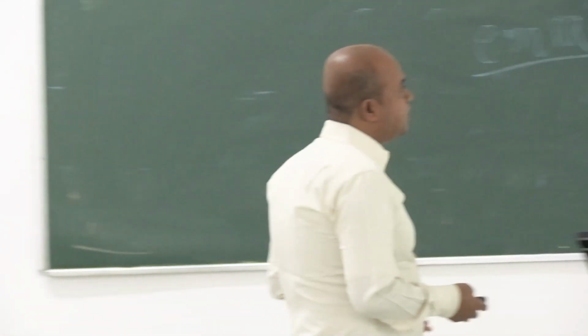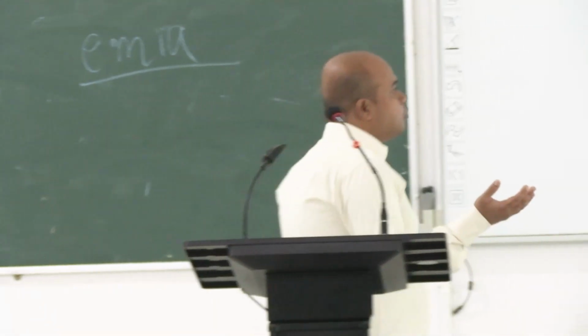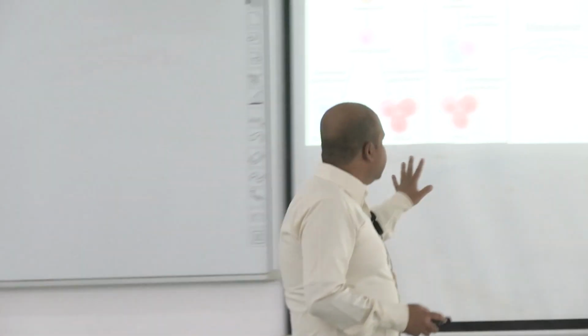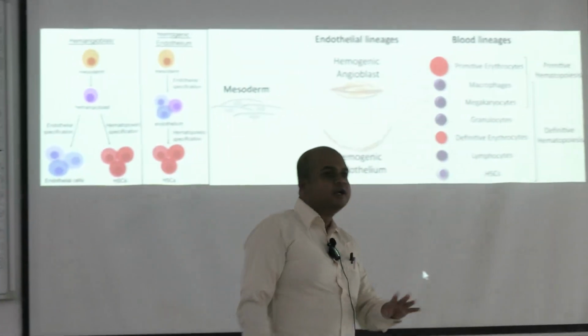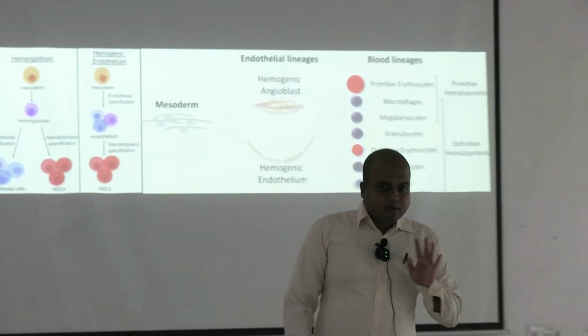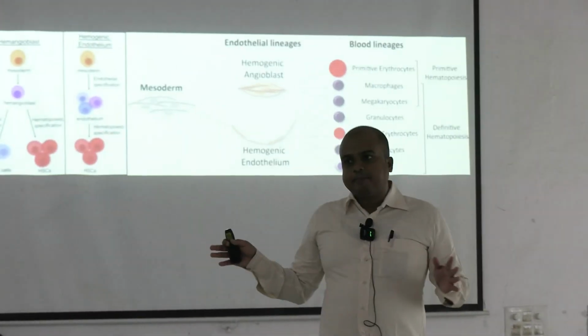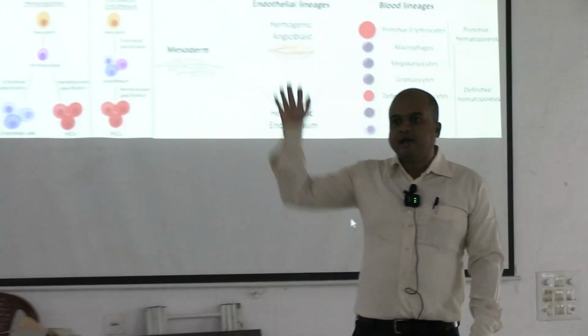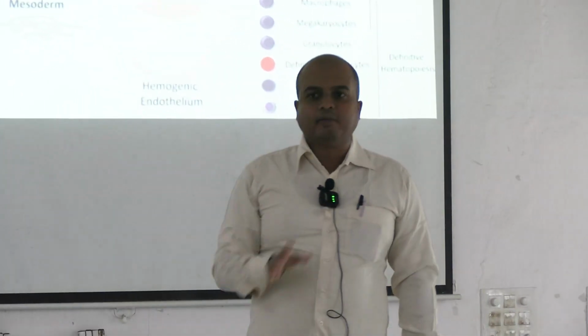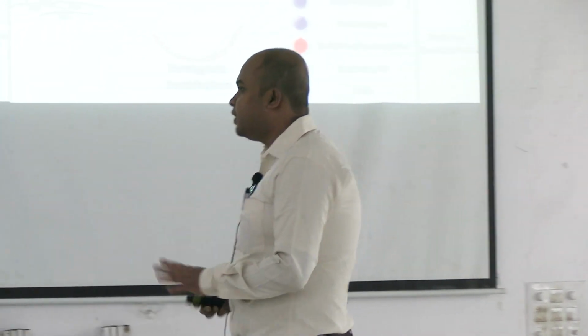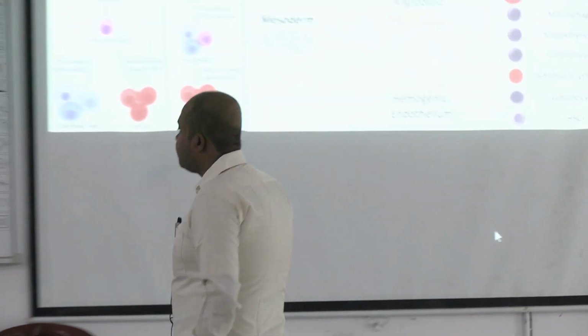Some are long term and some are short term hematopoietic stem cells, but ultimately they are from the hematopoietic stem cells. Whether they originate from the endothelium or directly from the hemangioblast is still a matter of debate.